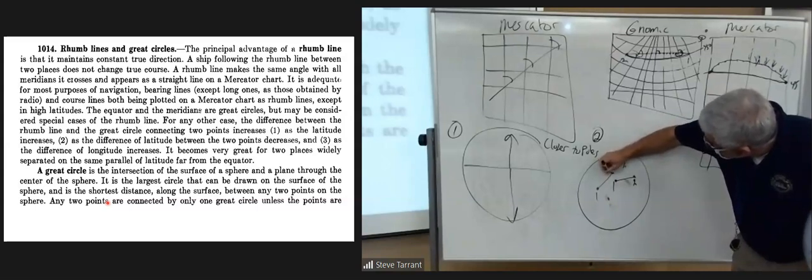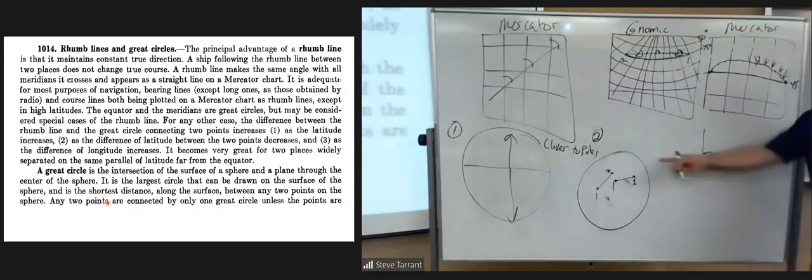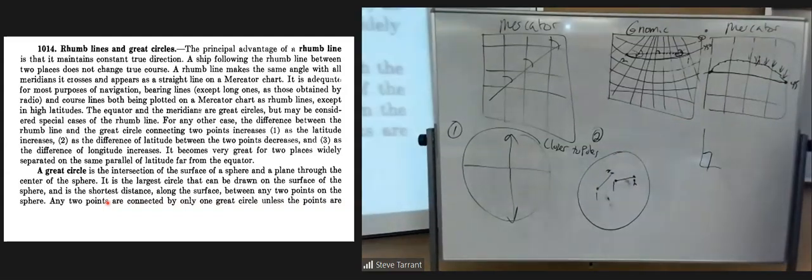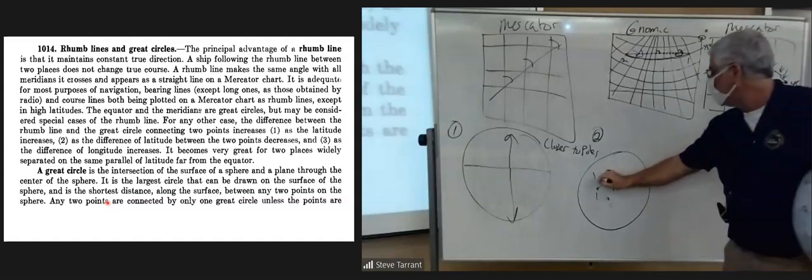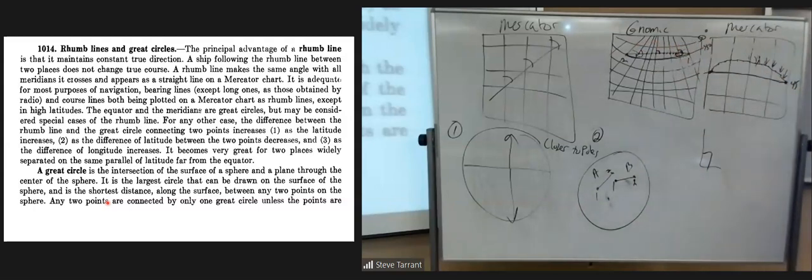Those two lines are about the same length. Those two points are about the same distance apart. One of those, though, potentially would give you more savings as a great circle. Would it be A or would it be B? What does statement 2 signify?